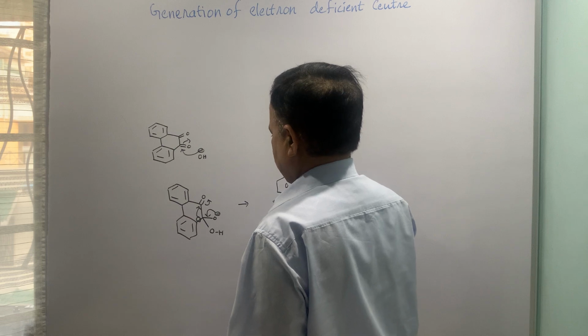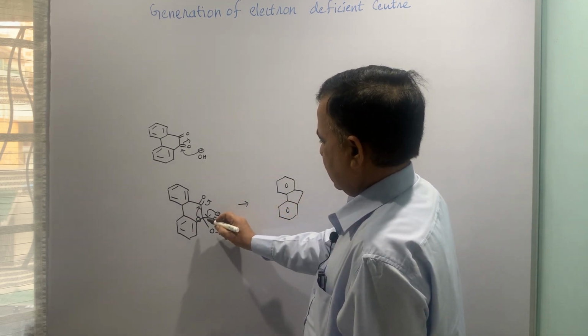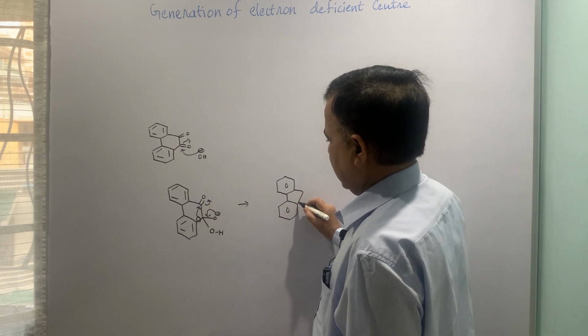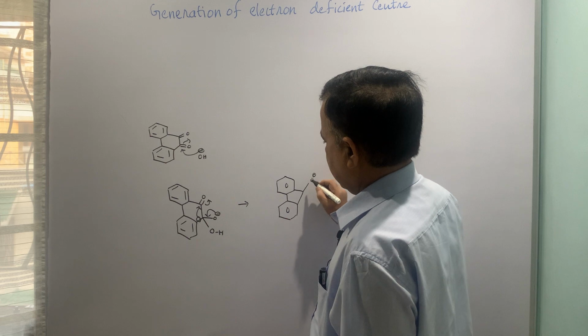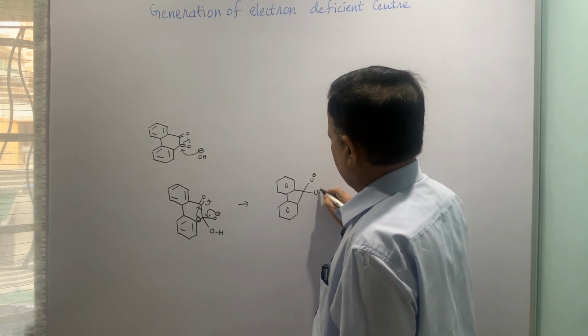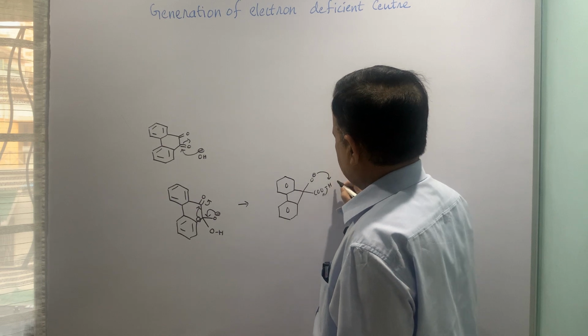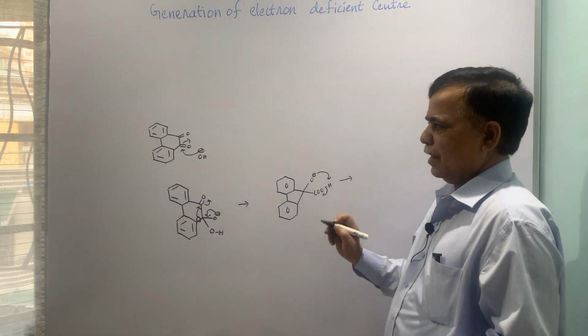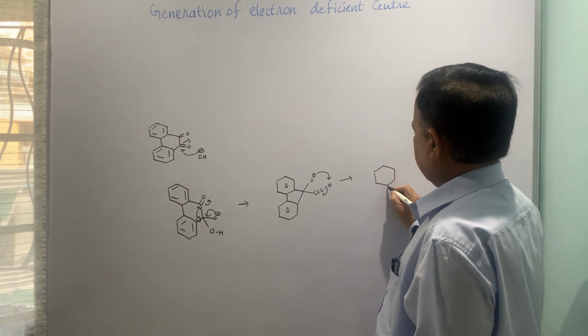And now you can see that this 1 to 5, this is the bond that we are showing. Here it will be O minus, this will be COOH, this will exist as a carboxylate ion, and upon workup that will become acid.